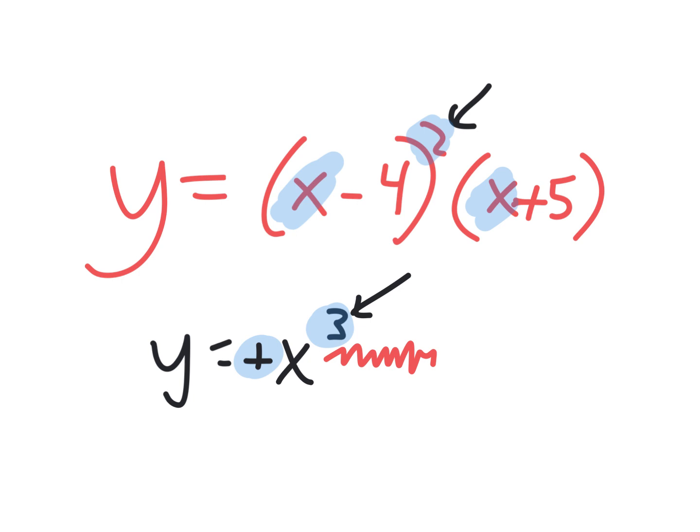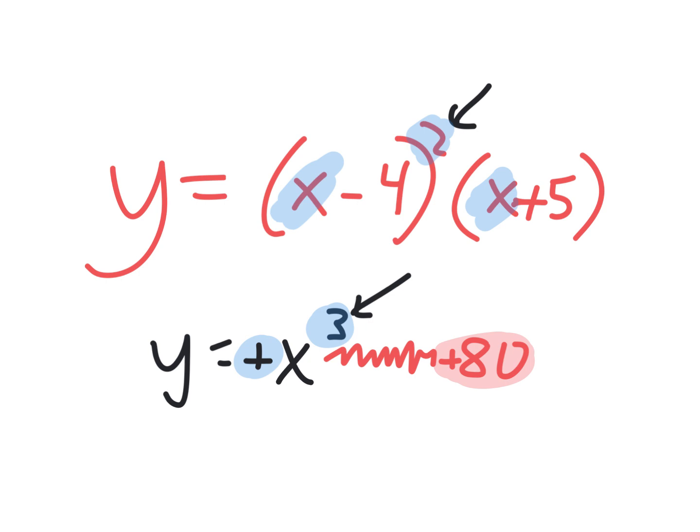Davis, can you do negative 4 squared in your head? Can you do 16 times 5 in your head? All right, it's 80, if you can believe me that 16 times 5 is 80. Can anybody verify that? Do you think I'm right? Okay, good. Then, do you agree that this 80 here is the y-intercept?